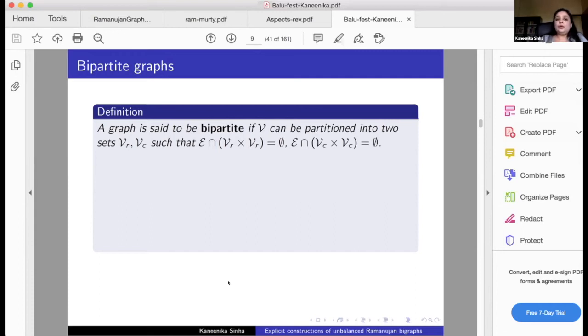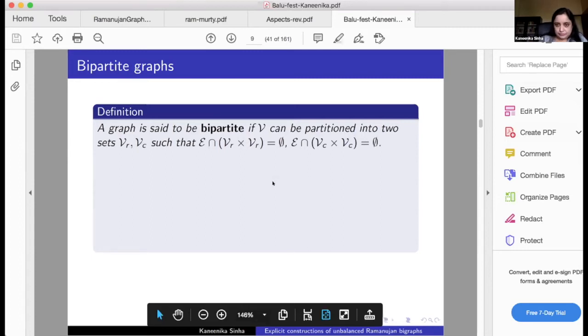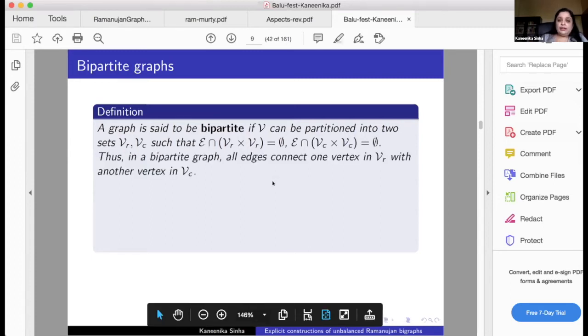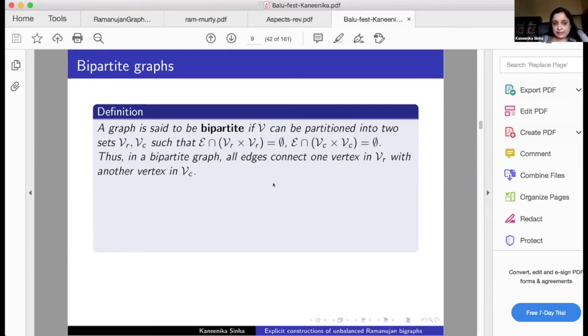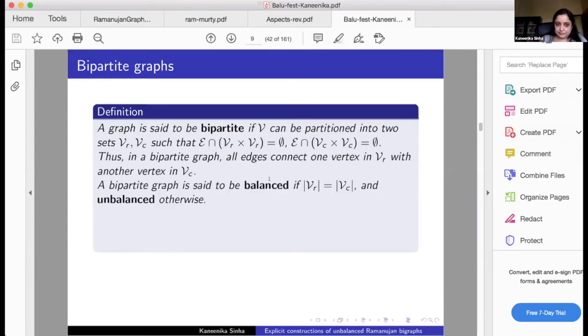So there is no edge between any two vertices in V_R or any two vertices in V_C. So for any edge in this graph, the edge must join a vertex in V_R to a vertex in V_C.